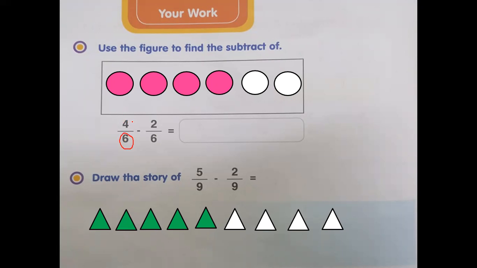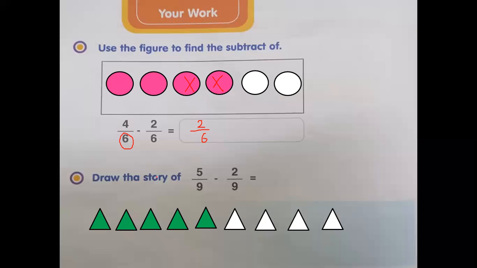How many parts am I going to color? 4. So I colored 4 of these 6 circles, okay? If we want to take away 2 circles, how many circles are left? 4 minus 2 equals 2. Excellent. And what is the denominator? It is 6. So 2 over 6.